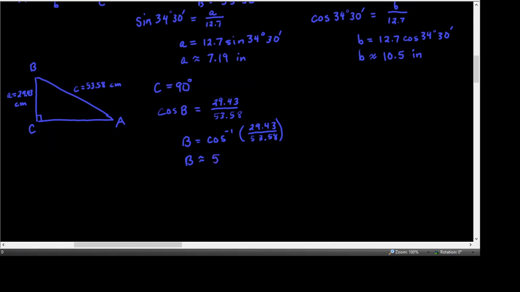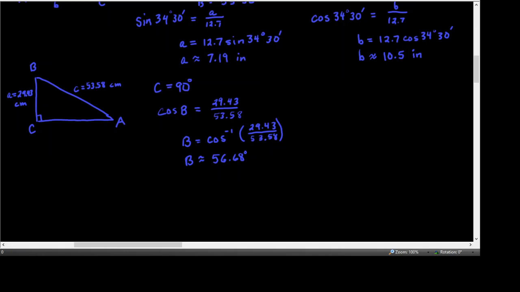Okay, you should have gotten 56.68 degrees. So how are we going to find A?